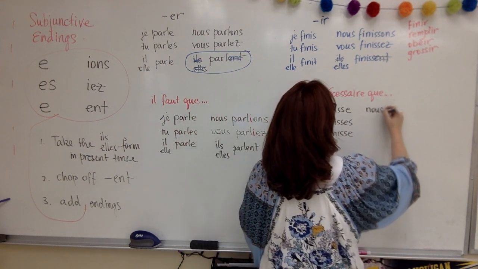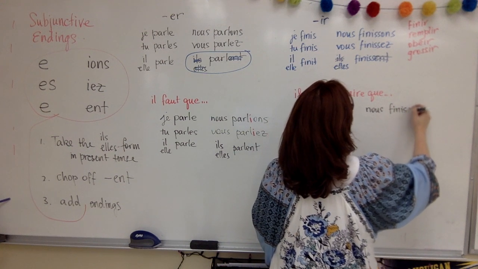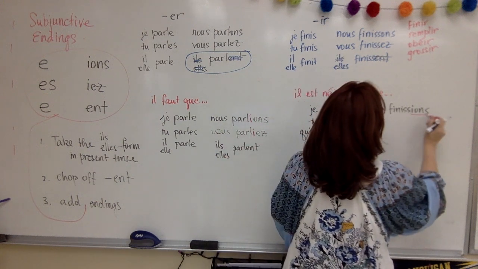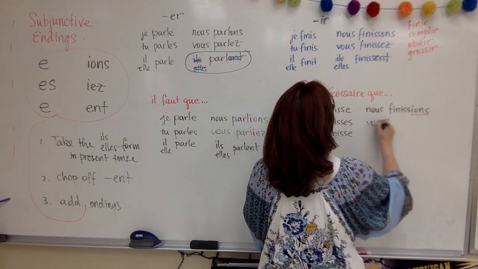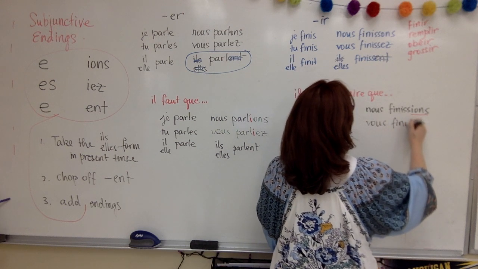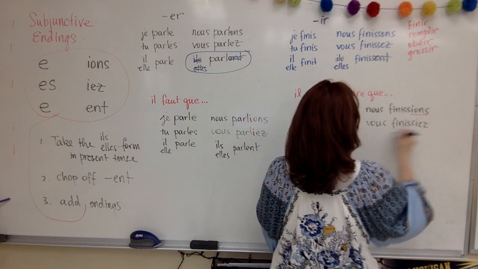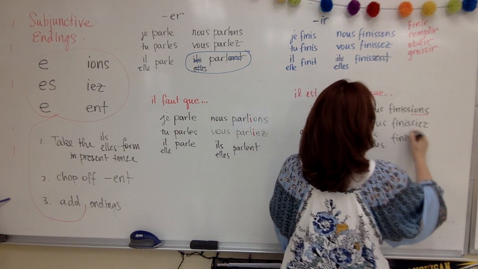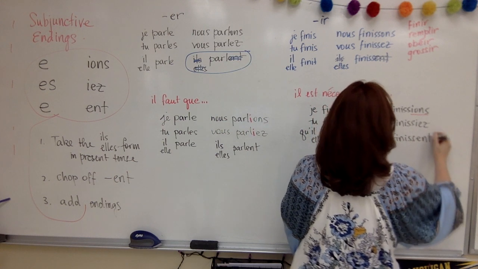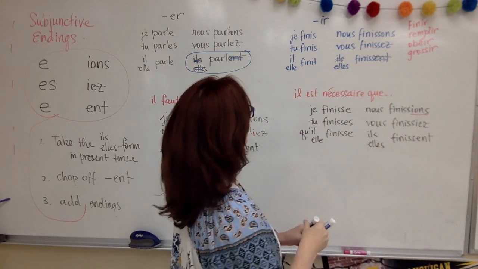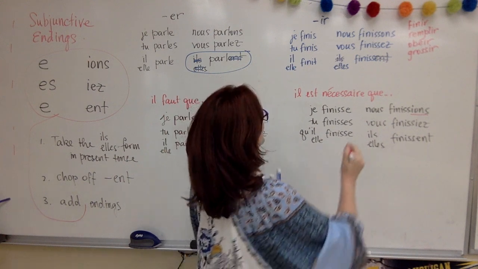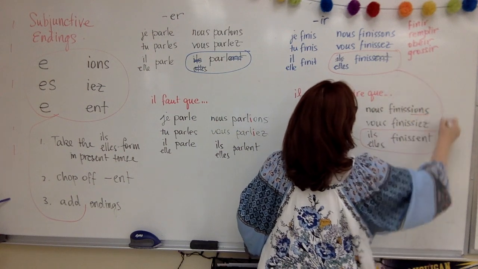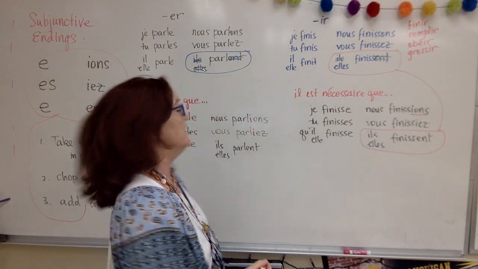Que nous finissions. Look at that. Finissions. Que vous finissiez. Qu'ils or elles finissent. The only ones that sound just like the indicative, this is weird, this and this sound alike, but those are the only ones that do.